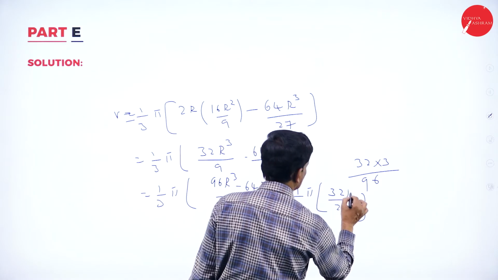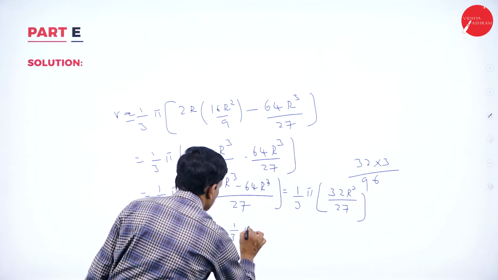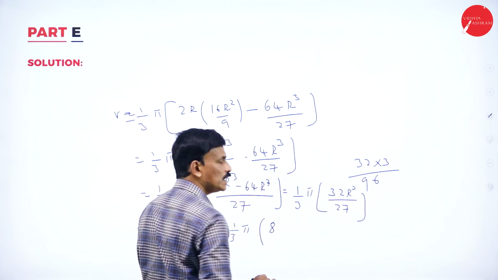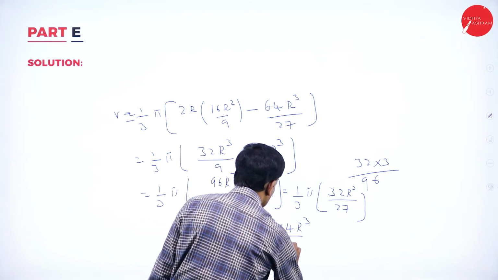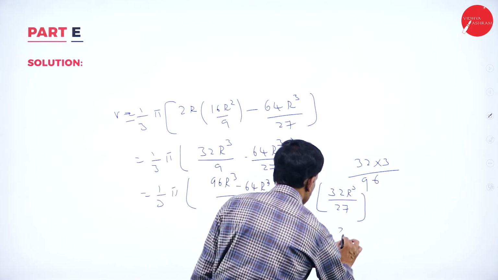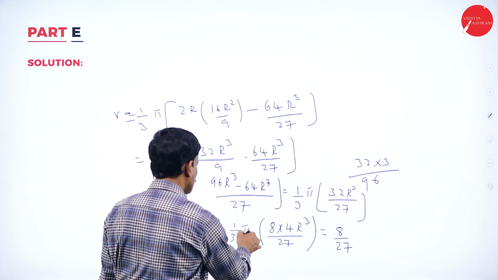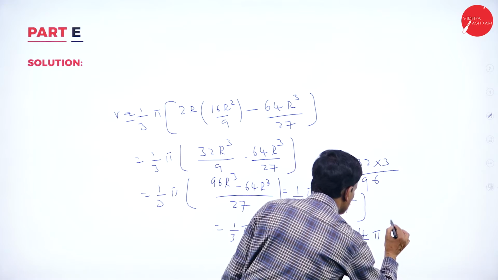32 r cube. This can be written as 1 over 3 pi into, simplifying this, 32 can also be written as 8 into 4 r cube divided by 27. So this can be written as 8 by 27 into 4 by 3 pi r cube.